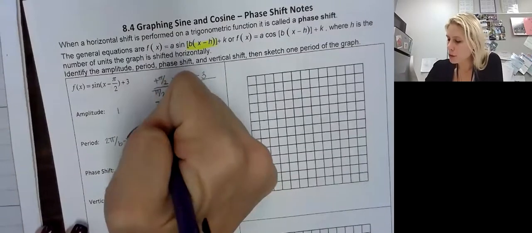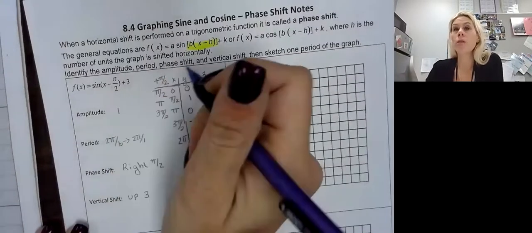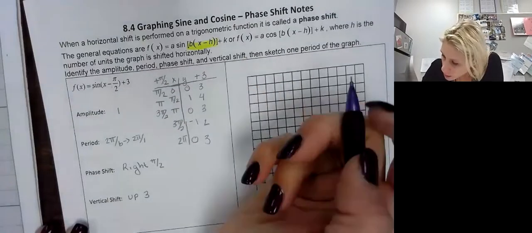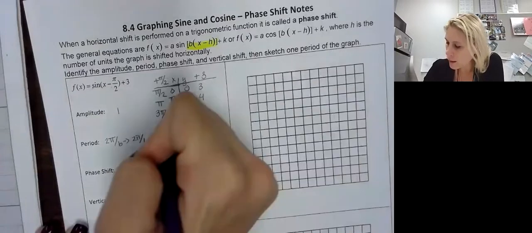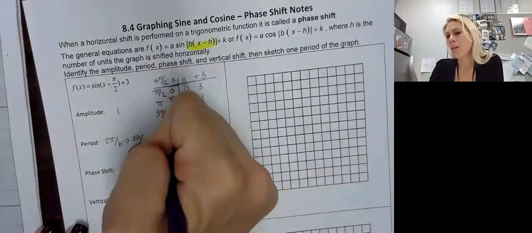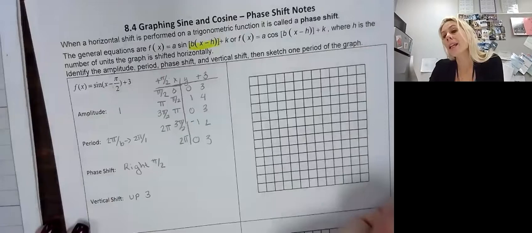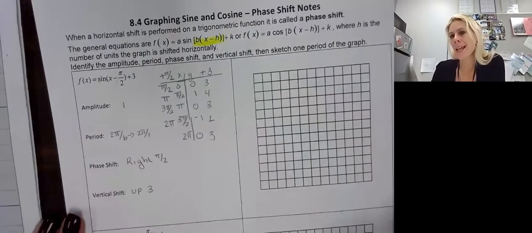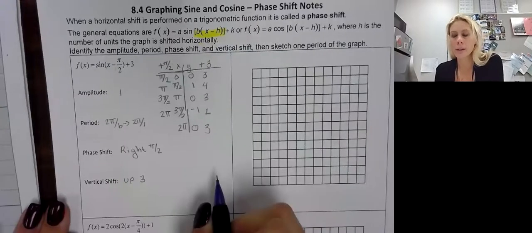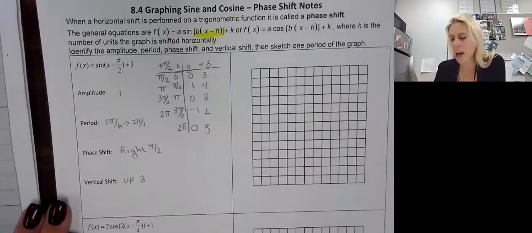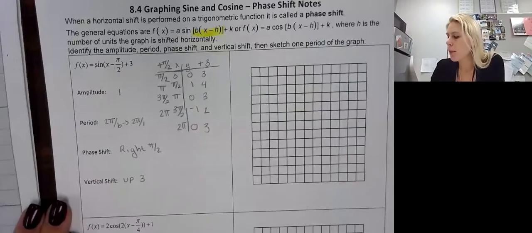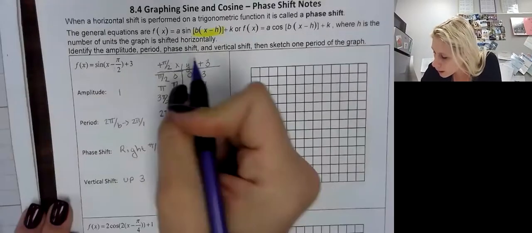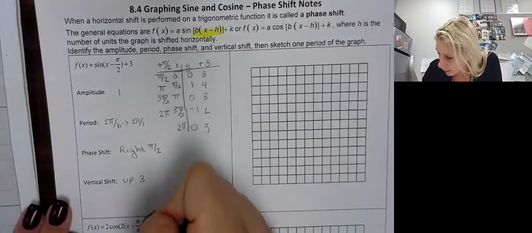Pi over 2 plus 3 pi over 2 is 4 pi over 2. 4 pi over 2 is 2 pi. Now, if you guys want to know how fast I'm doing this in my head, I'm thinking of fractions. So you could always use your extra space to see that adding or subtracting of fractions. And I'll do that right now with this last one, because 2 pi plus pi over 2.